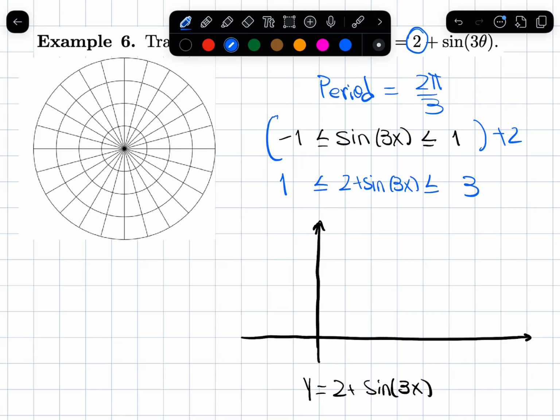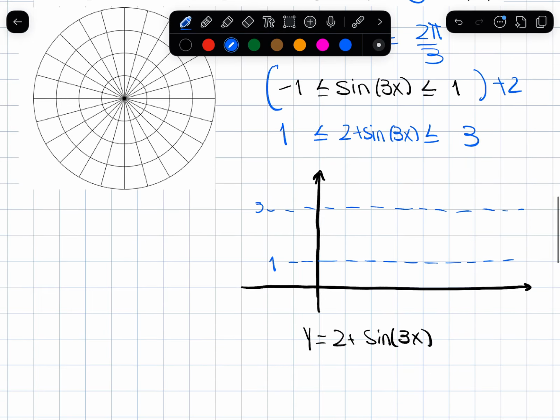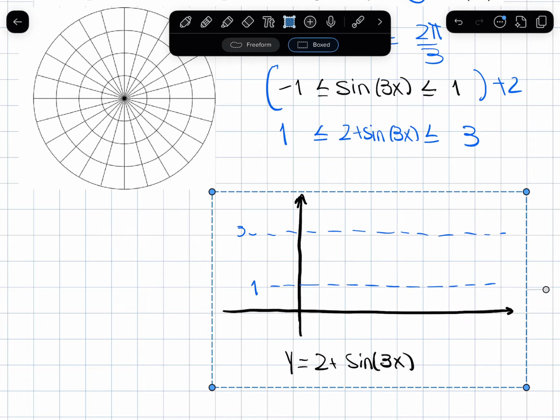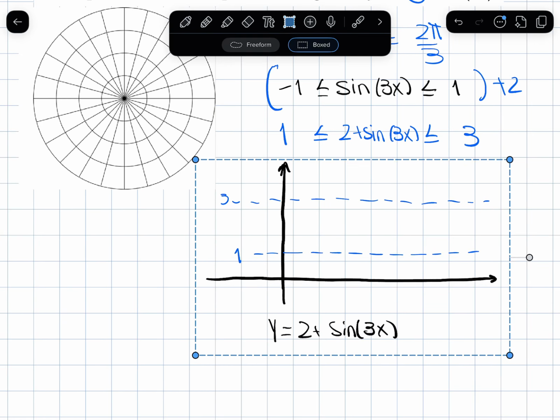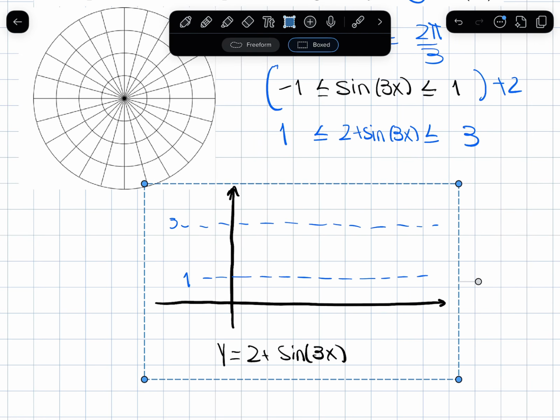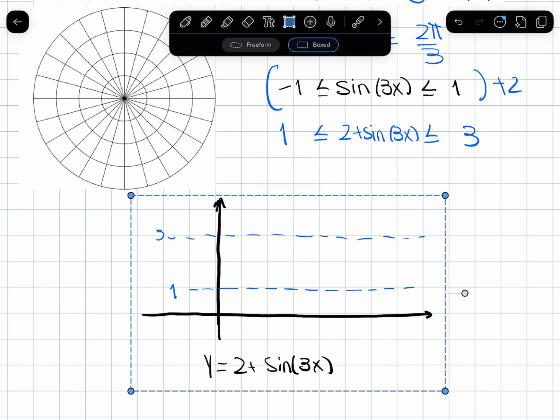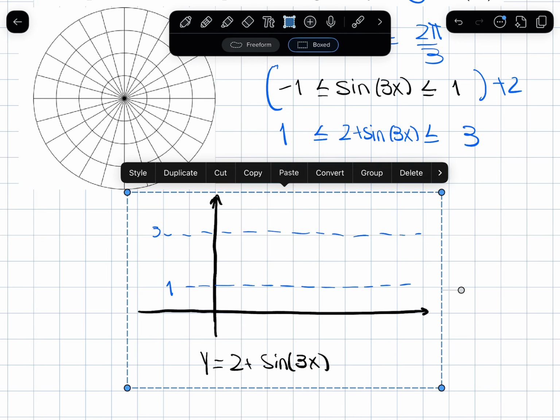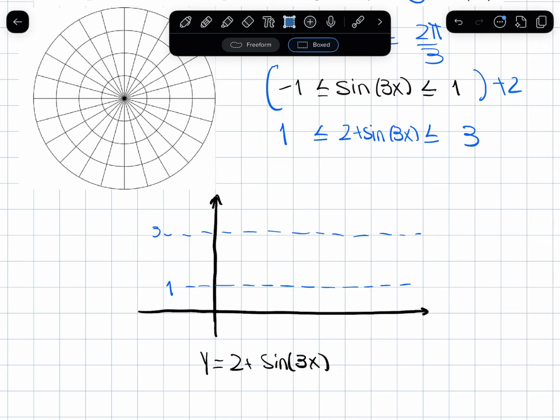So again, I'll be between 1 and 3. 1 is going to be 2, 3 right here. And I want to always cover space between. I want to make this move a little bit to the left here. I want to always cover 2 pi.